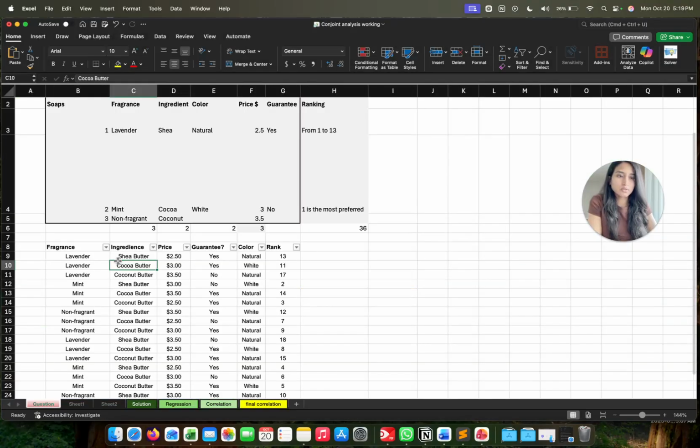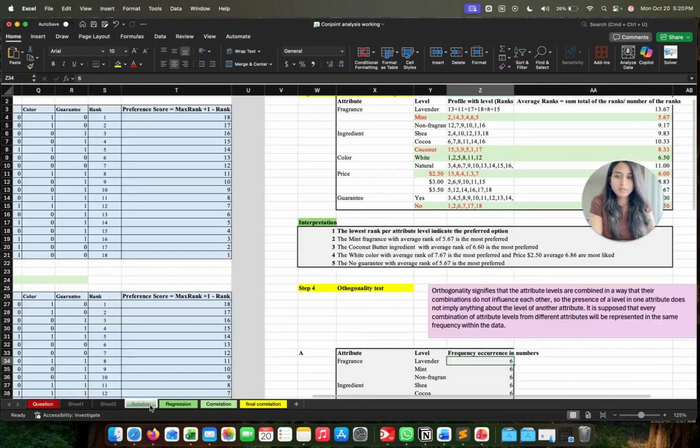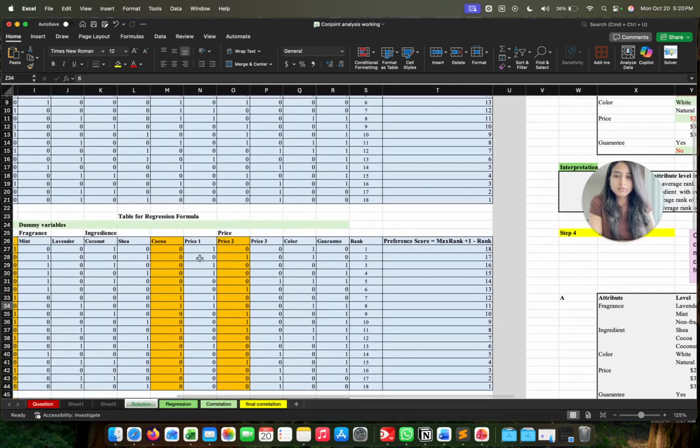On the calculation of conjoint analysis, you have to know the data, the attributes that you have been given, and you have to use the regression and correlation analysis where the attributes are changed into dummy variables like these, and then you have to do a regression formula.